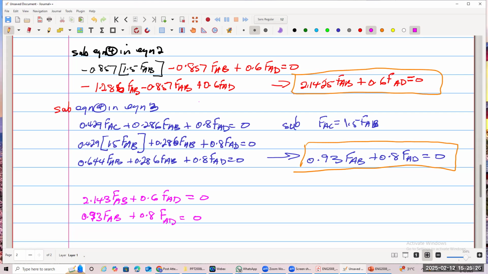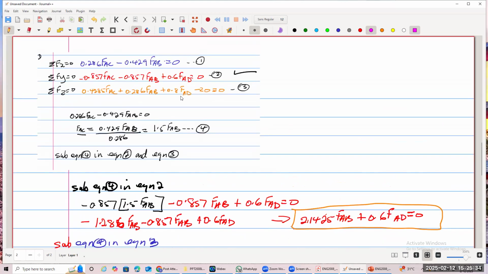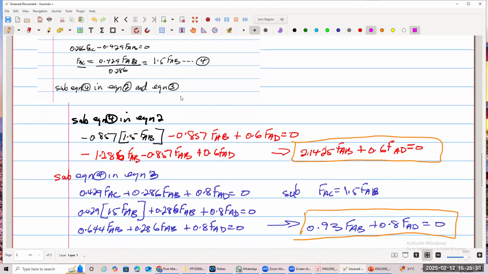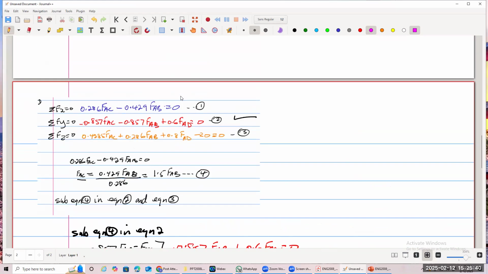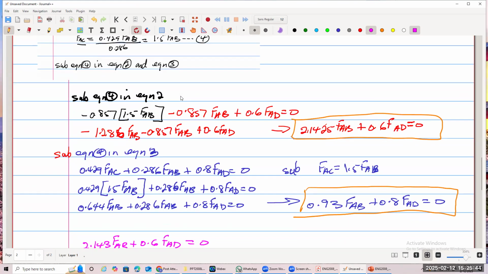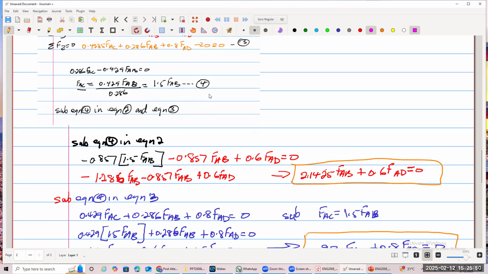Was the 20 included in our equation? Where's the 20? Did I carry down the 20? No. Oh my good Lord. That means the 20 in equation 4.